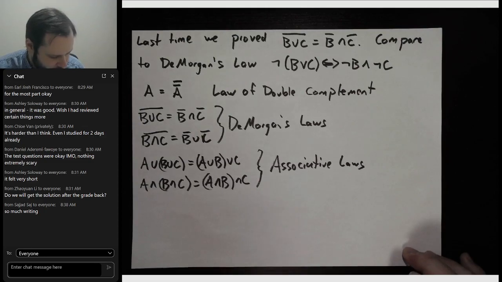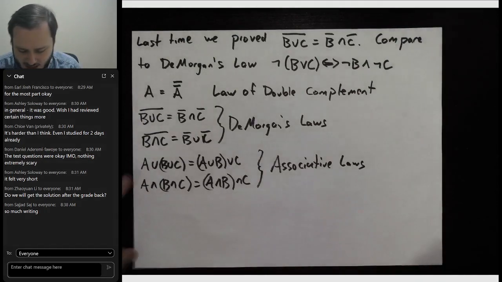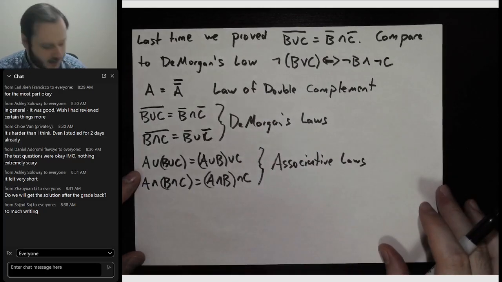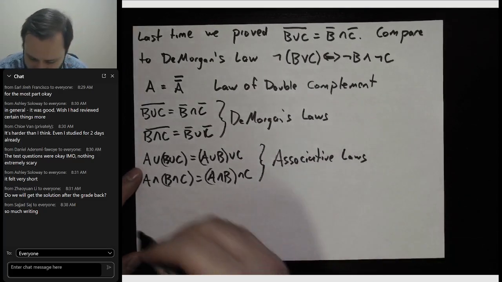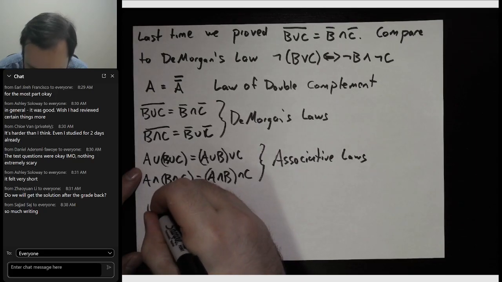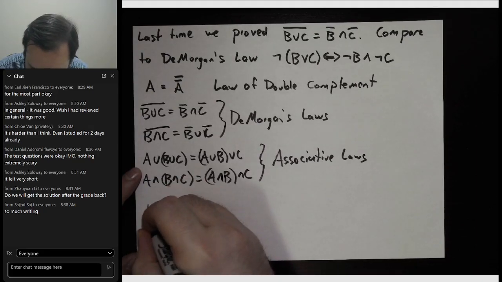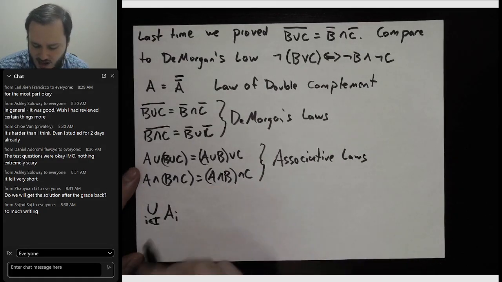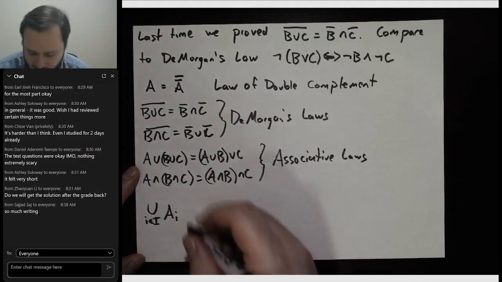If you have a bunch of intersections or a bunch of unions, the order in which you list them doesn't really matter. Because of that, just like we have big sigma notation, we can have big union notation. If we write the union over i in I of A sub i, this is a union of a bunch of things all together.